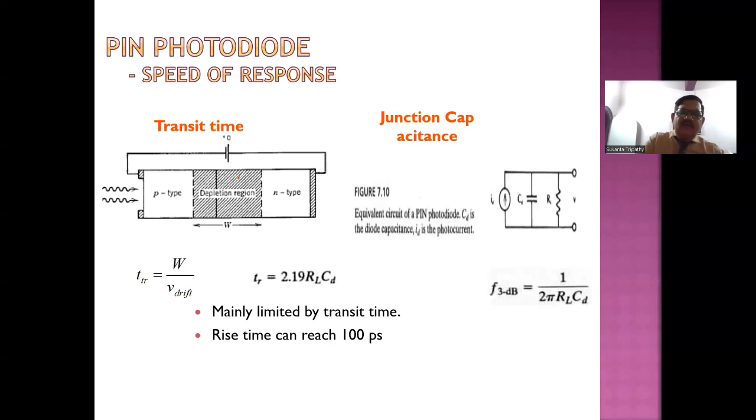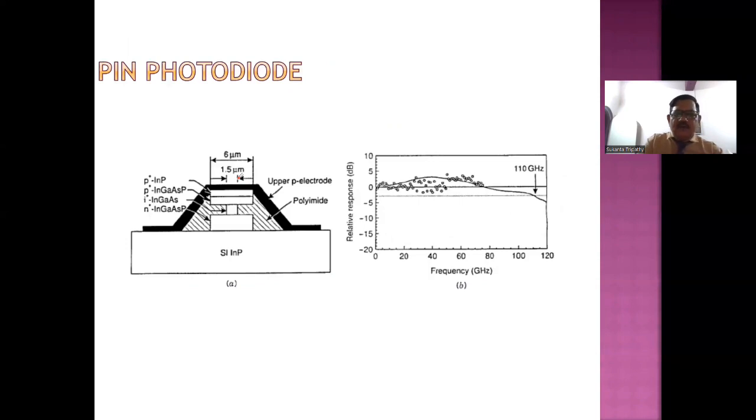So the value of resistance and the value of capacitance will decide the maximum frequency up to which the detector can be used. So this is all about this pin photodiode.